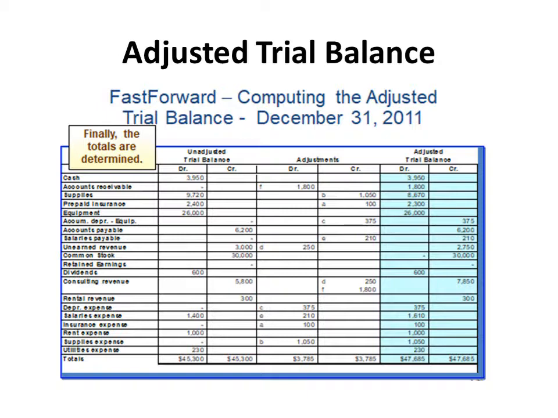Let's go down a little bit, go to a more difficult one, consulting revenue. I started in my unadjusted trial balance with $5,800, but it looks like I generated some additional consulting revenue. I just went through the $1,800. Let's look at item D, that $250. That takes us up to unearned revenue.